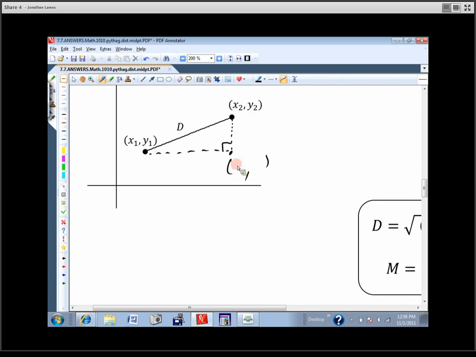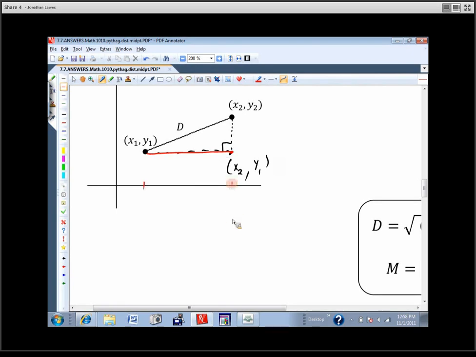Ross, what's this one? Yeah, this is x sub 2. That's a little subscript. We just say x2. And what's this y-coordinate? y1. Okay, now, the next question is, if we ignored everything else on the page and just looked at this diagram right here, how far is it from here over to here?